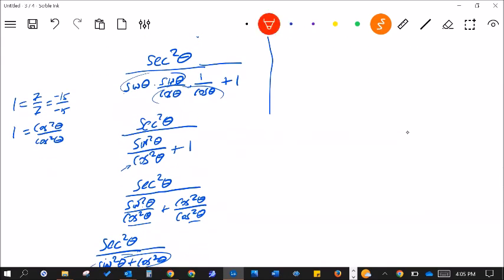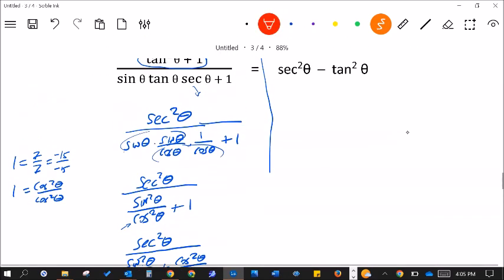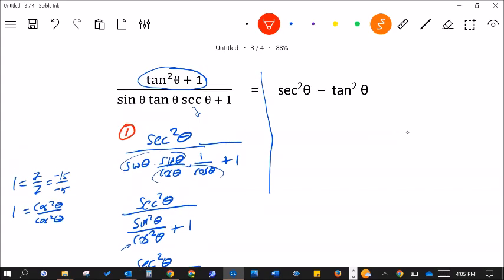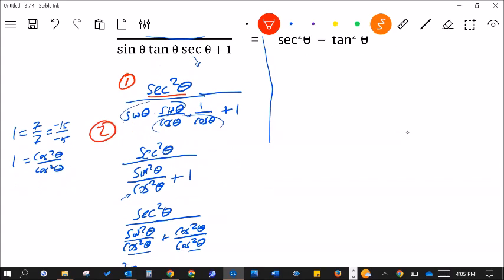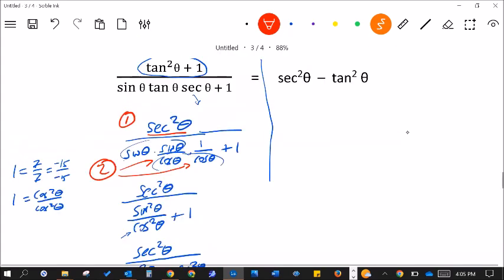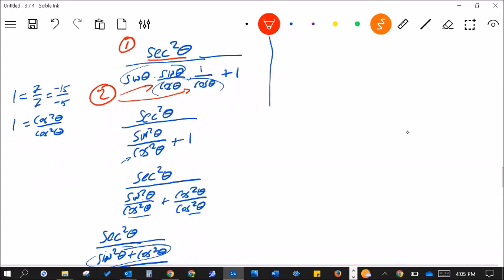Let's look at what steps I did here first. So the first thing I did was I used a Pythagorean identity. The second thing I did is I changed to sine and cosine for the tangent and the secant. And the third thing I did was the multiplying to get the squares.